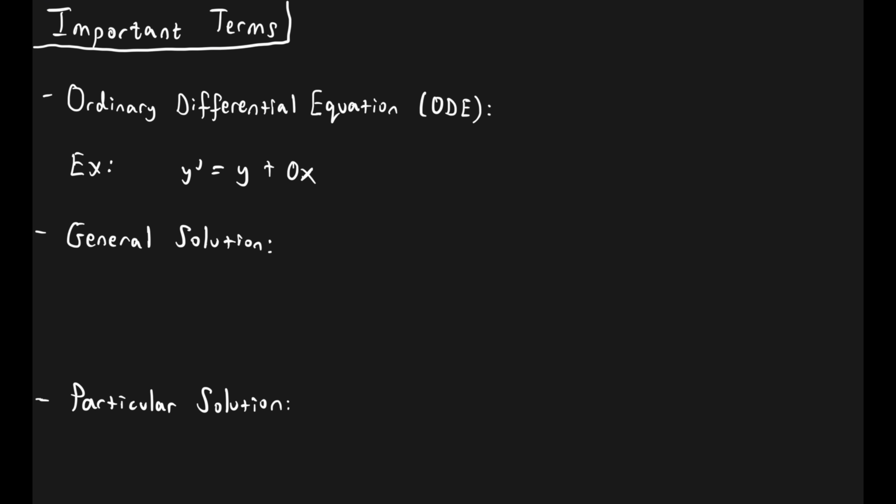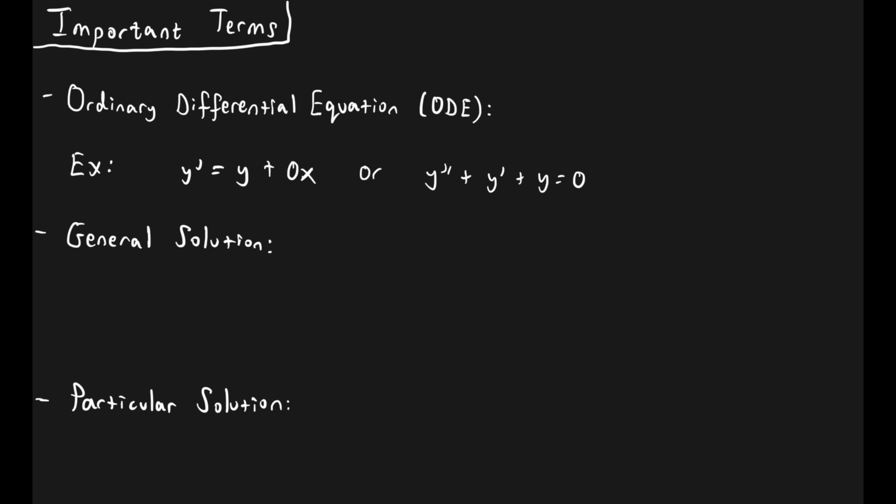We could also have something a little more complicated like y double prime plus y prime plus y equals 0. Again, it's using a combination of the derivatives of the function and the function itself and combining those into one differential equation. And that's something we could solve as an ODE.